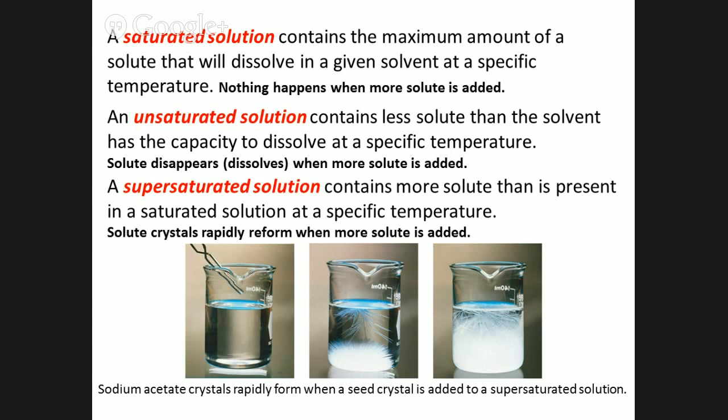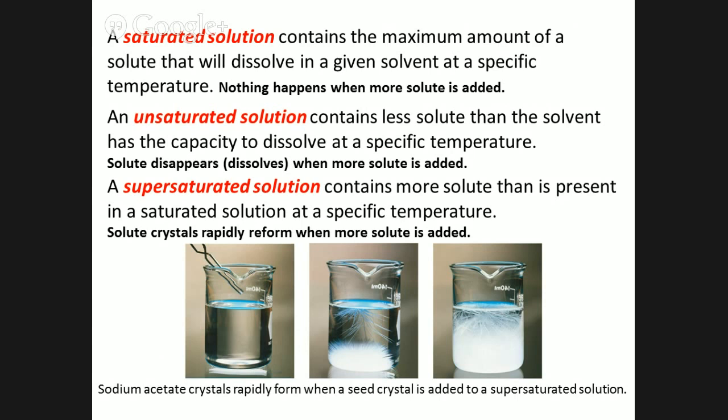The solute might float around on top, it might sink to the bottom, but nothing seems to happen. If it was unsaturated, the solute would disappear, it would dissolve, it would be like it wasn't there anymore.